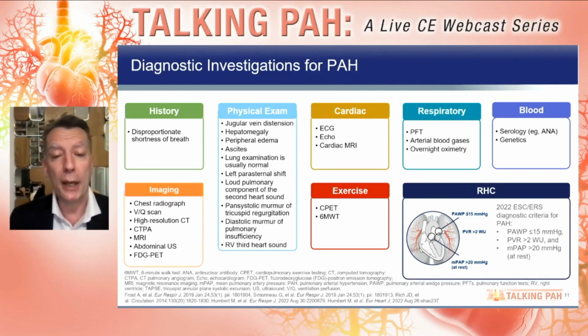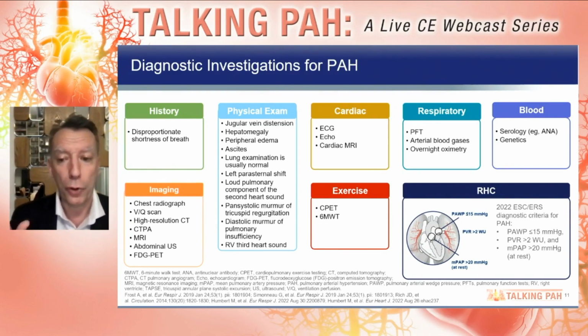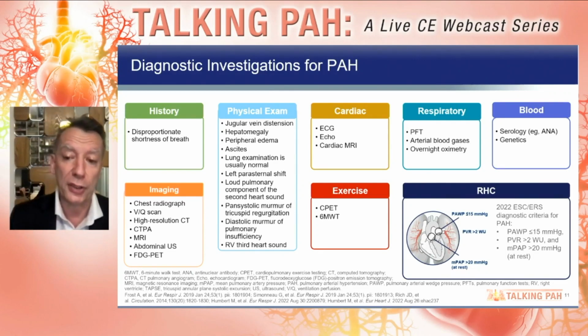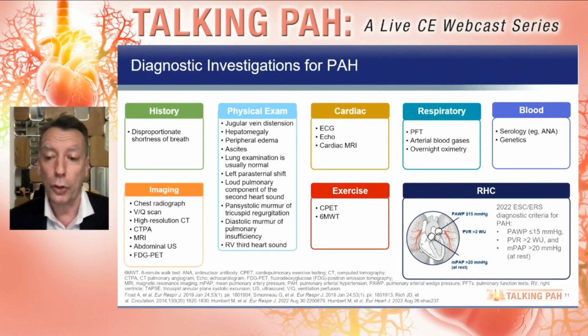So clearly, PAH is usually not the first diagnosis you have in mind, but at the end of the process, when it is time to perform right heart catheterization, you may have a diagnosis of PAH because it is pre-capillary pulmonary hypertension, not due to lung disease, not due to a chronic thromboembolic pulmonary disease.